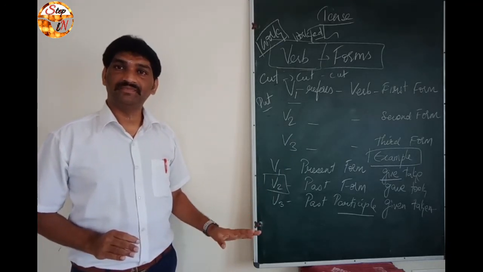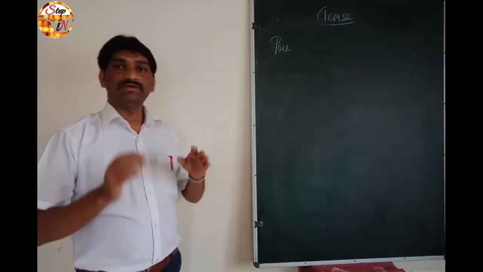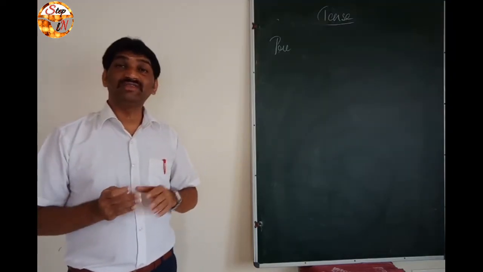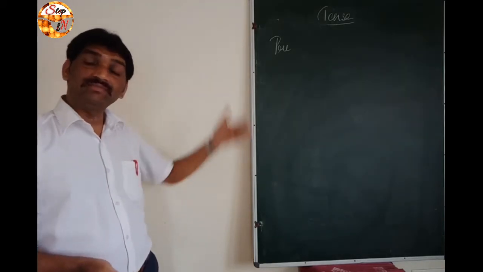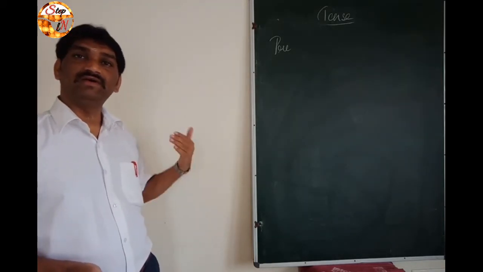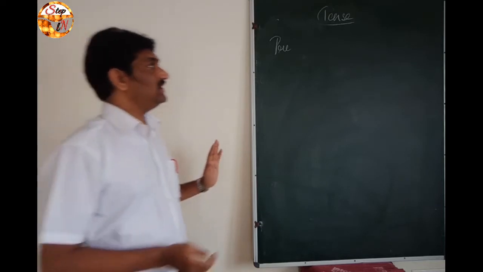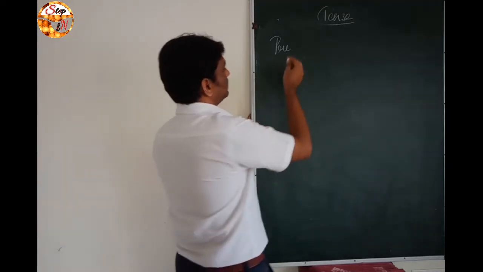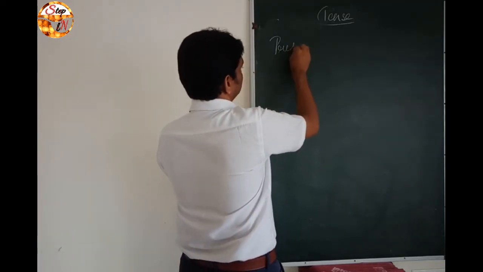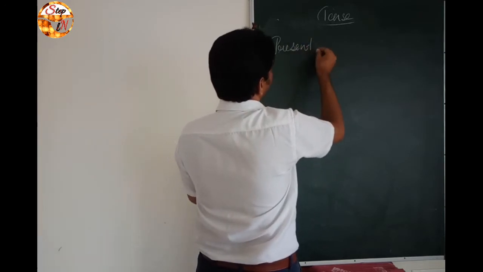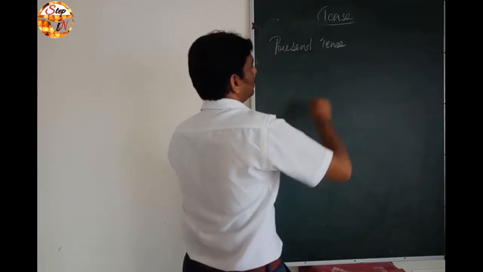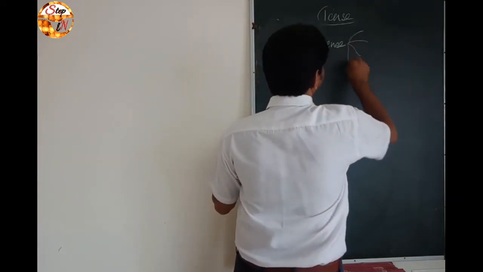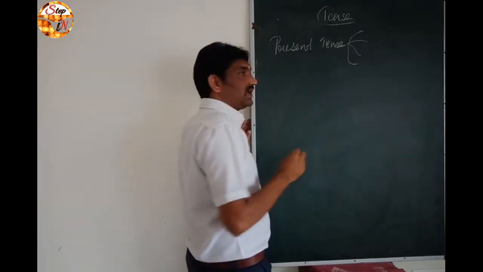Is that clear? Yes. So now we are going to learn about the structures of all the tenses. Before that, let me list out all the tenses we have learned before. There are mainly three tenses. The first one we will begin with is the present. In the present tense, we have four aspects, right? Again, it is a small recap.